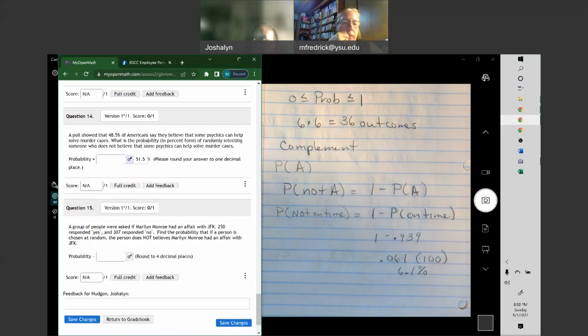Oh, they just keep switching it around. The original one was kind of starting off. Okay, so you can see if Marilyn Monroe had an affair with JFK, 250 yes, 307 no. 557 altogether. So 307 over 557.